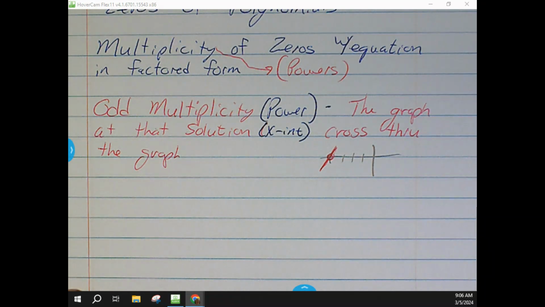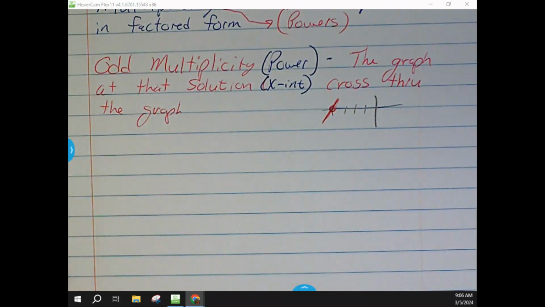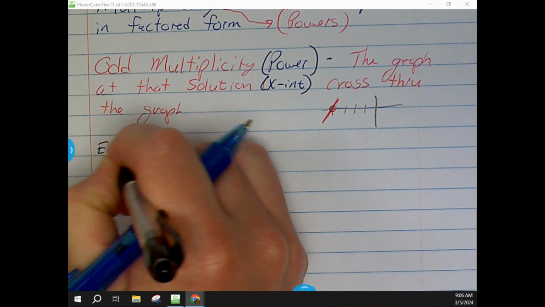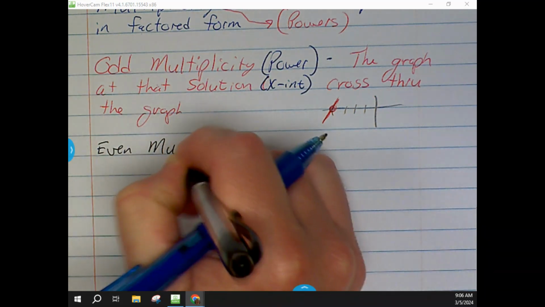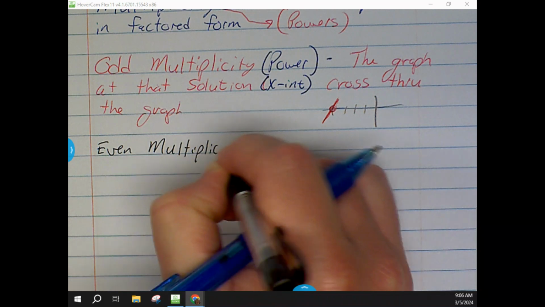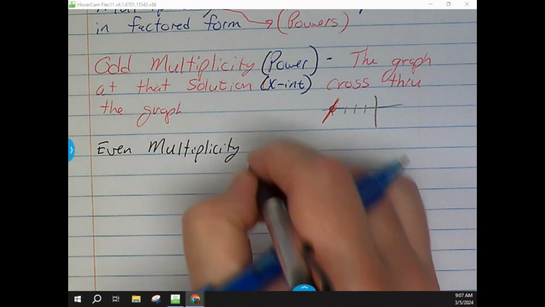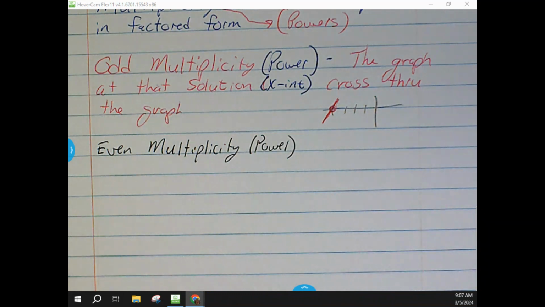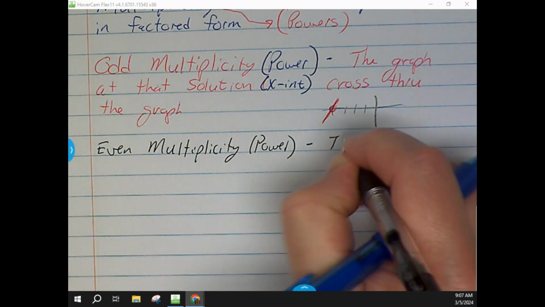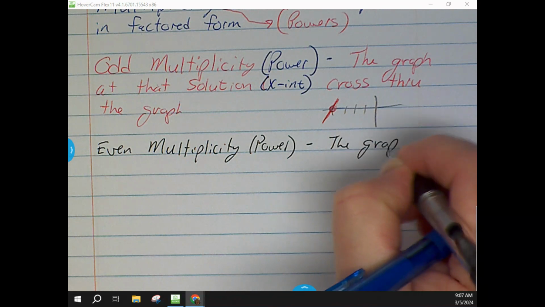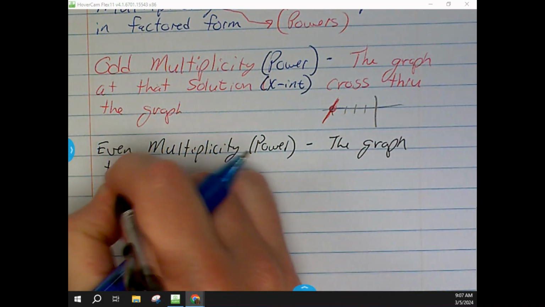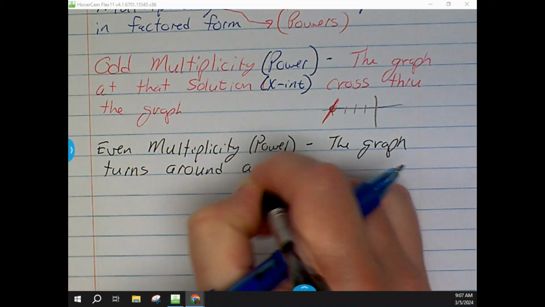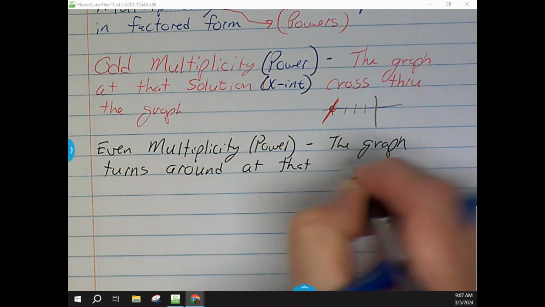Okay, if it's an even multiplicity, or again, even power, the graph turns around at that x-intercept.